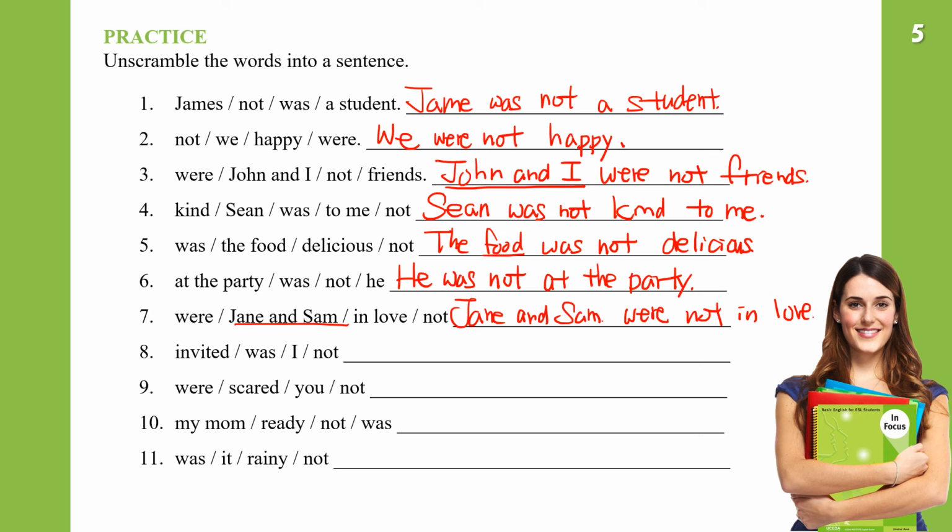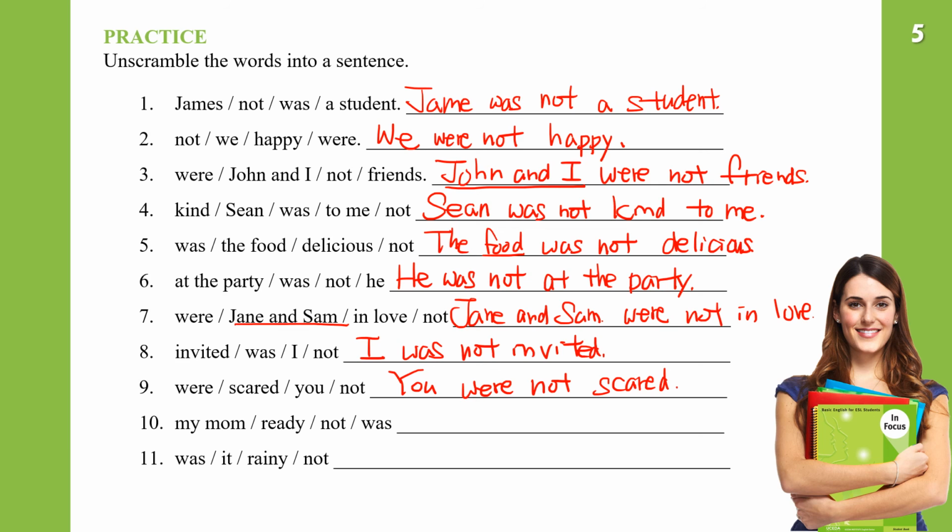Okay, the subject is I. Very good. I was is the verb, and I was not invited. The next one, yes, the subject is you. Whether it's singular or plural, we use were for past tense, and then we need not here, and the complement is scared.